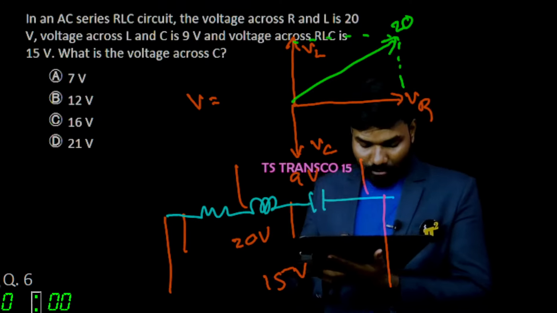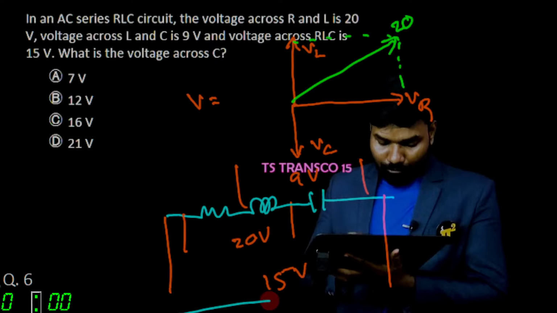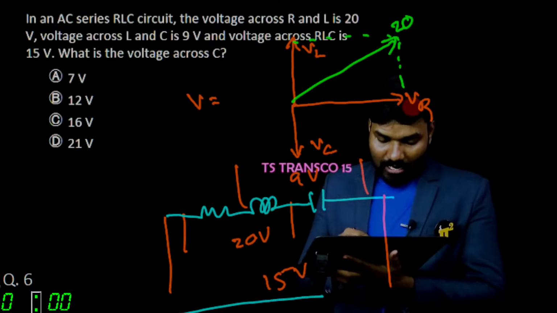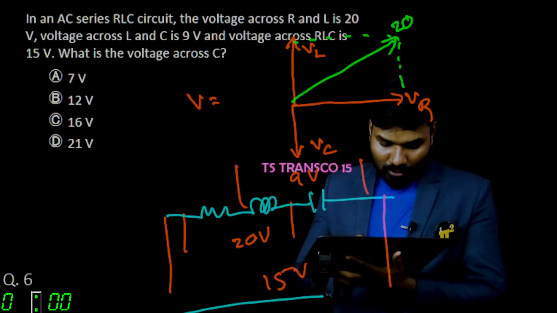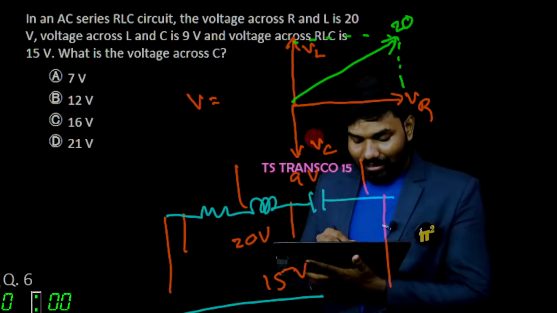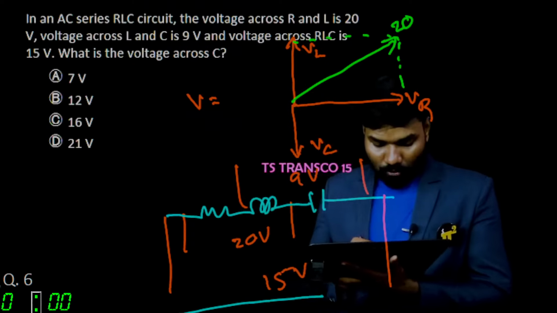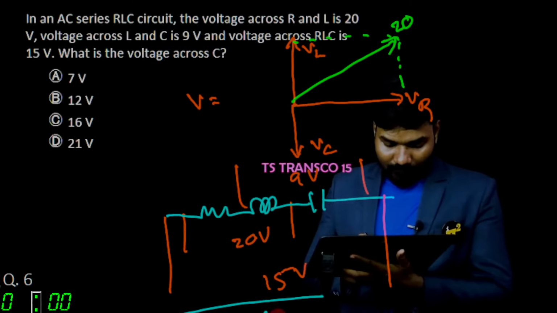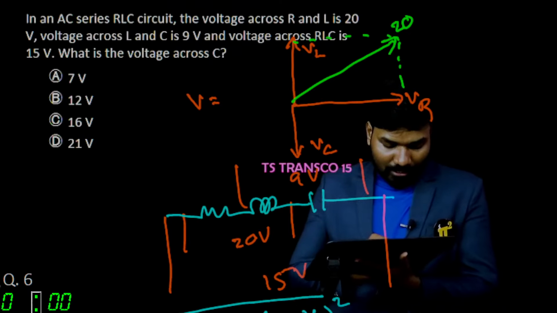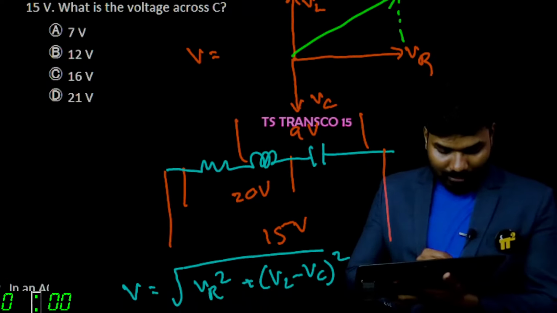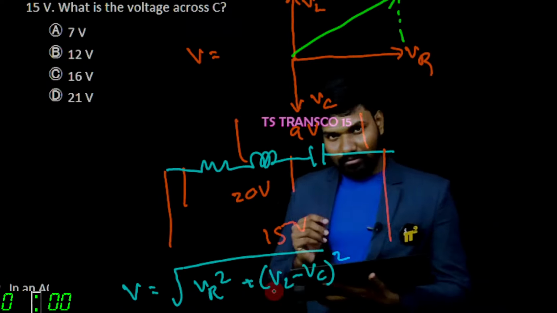is equal to the square root of VR square, because I have this one vector VR, plus the resultant of VL and VC, which means VL minus VC, whole square. That will give me the voltage V, the total voltage.